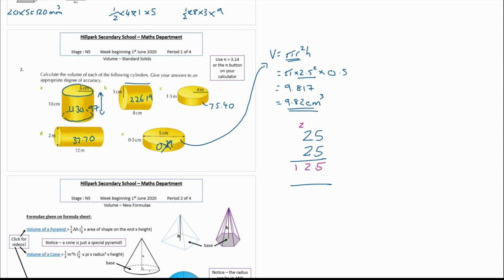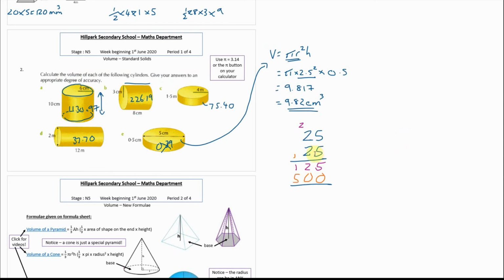The next one, add your 0 in, because we're going to do 2 times 5, which is 10. Put the 1 up there. What I've actually done is say 20 times 5, and that's why I put the 0 in there. So always remember your 0 on the second line. So 2 times 5 is 10, 2 times 2 is 4, plus the 1 is 5.